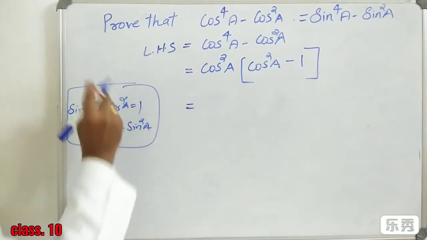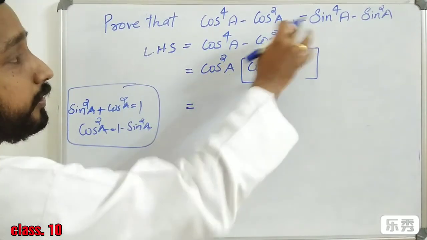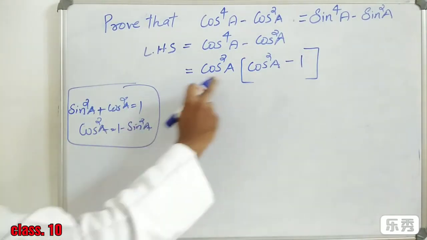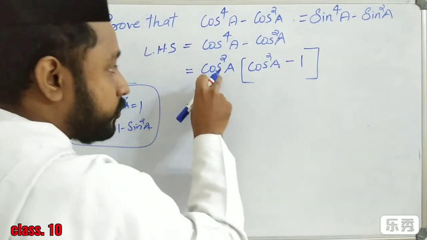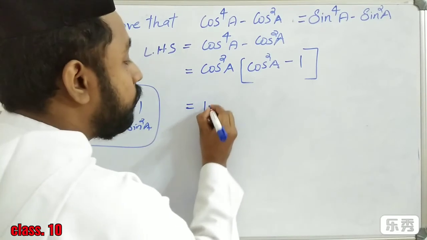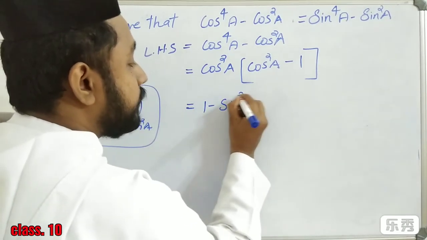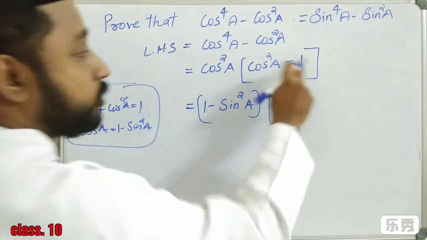So, using this identity, we can change this cos square in terms of sin square. So, instead of this cos square, I am going to write 1 minus sin square. So, 1 minus sin square into here cos square minus 1.